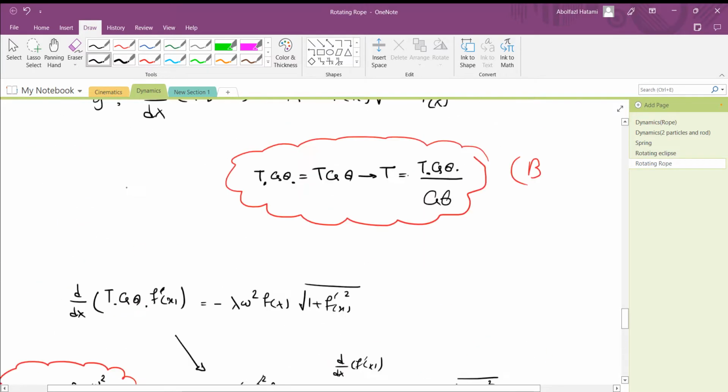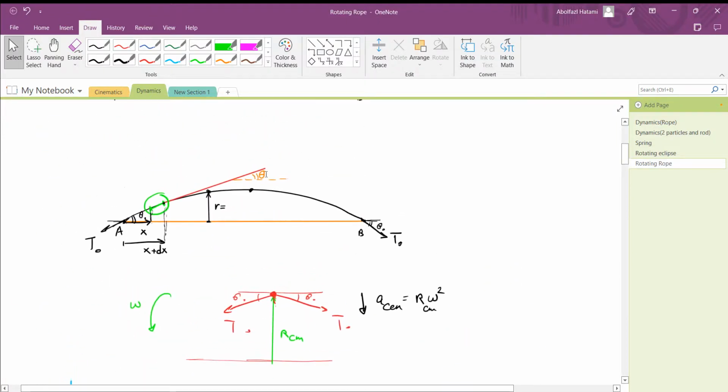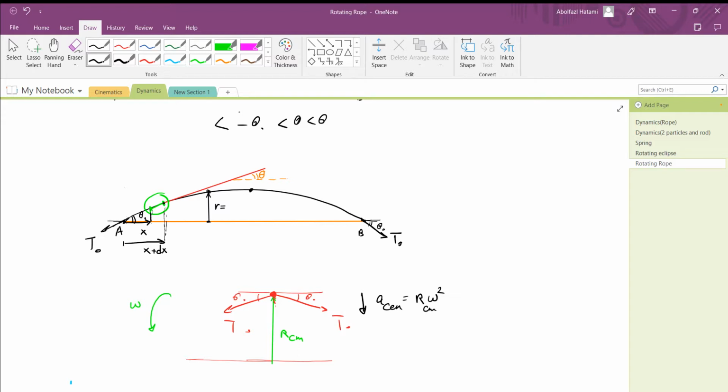And because our theta here changes just between minus theta 0 and theta 0, theta 0 and theta are greater than minus pi over 2 and also less than pi over 2.